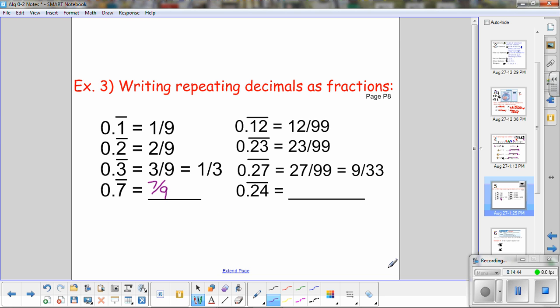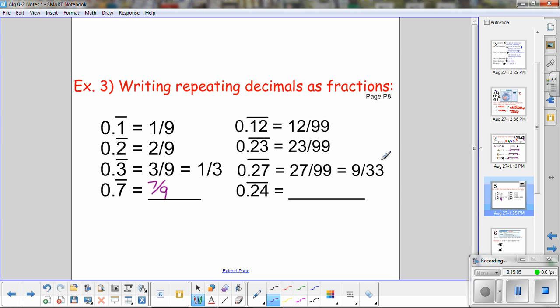If you have two digits repeating, such as these over here, the 1 and 2 are both repeating, then instead of it being over 9, it's over 99. So it's 12 over 99, 23 over 99, 27 over 99, which can be simplified to 9 over 33.